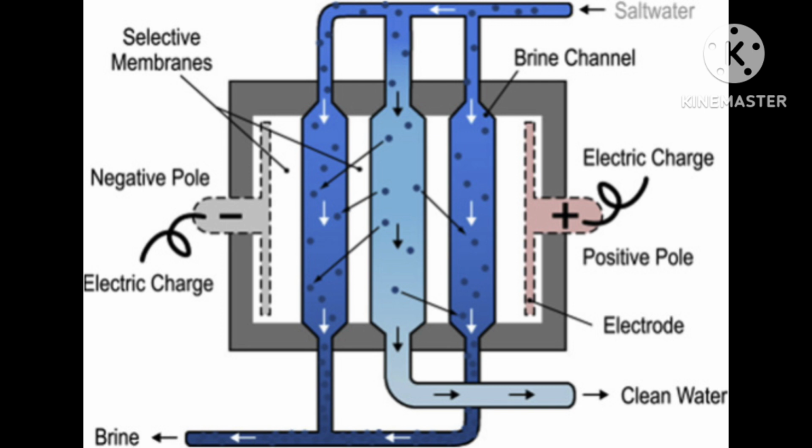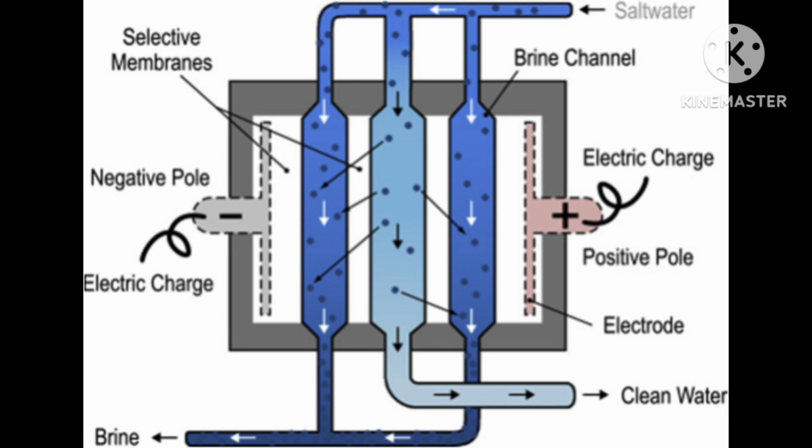Like that, Na is positively charged, it will go to the negative cathode, and Cl is negative, it will go to the positive electrode, that is the anode. Like that it will filter. The net result is the depletion of salt content in the middle chamber, where you have taken the salty water.